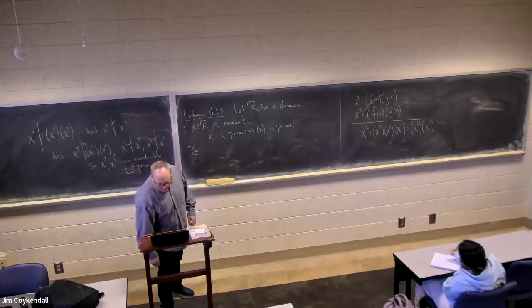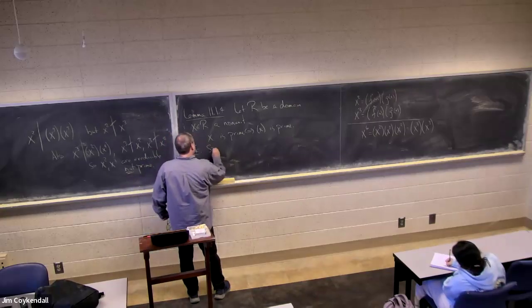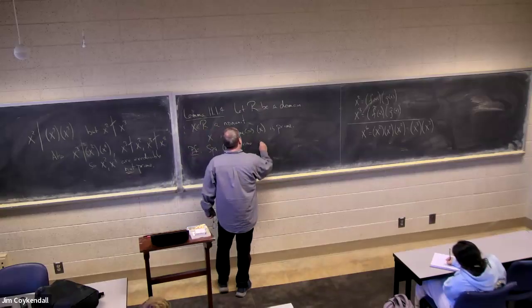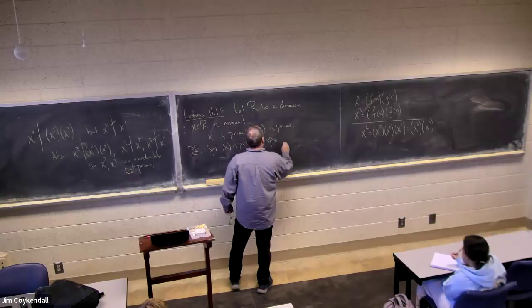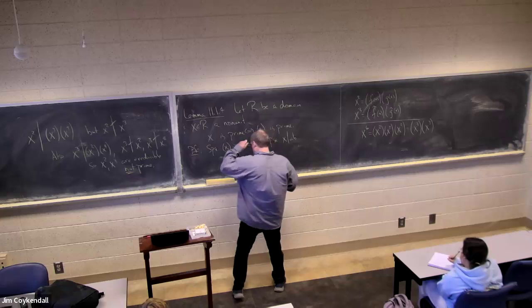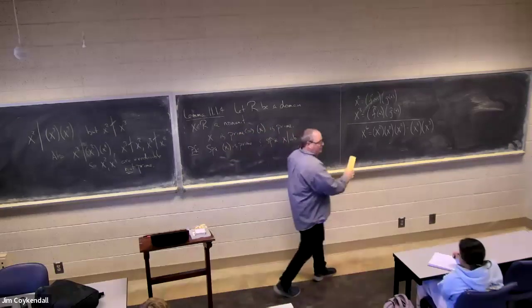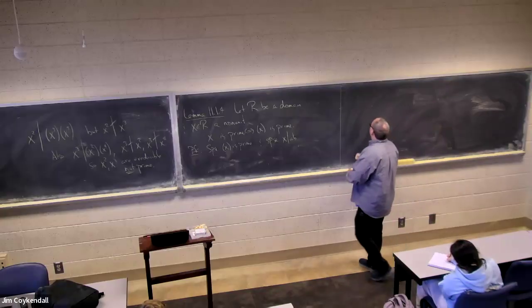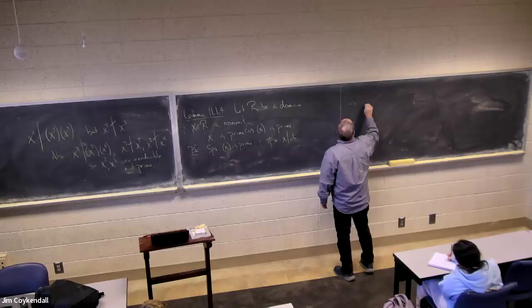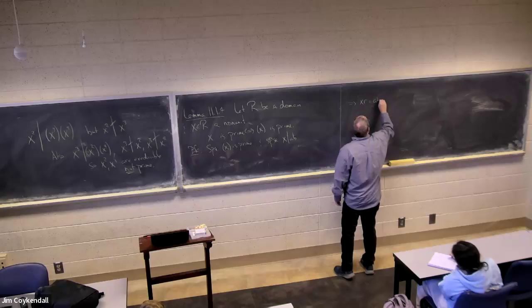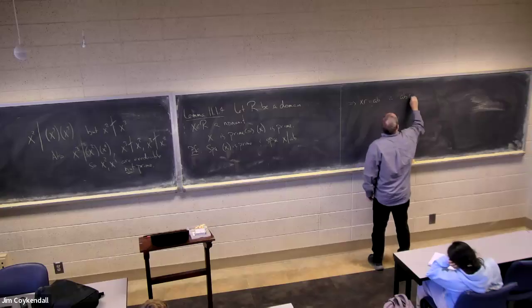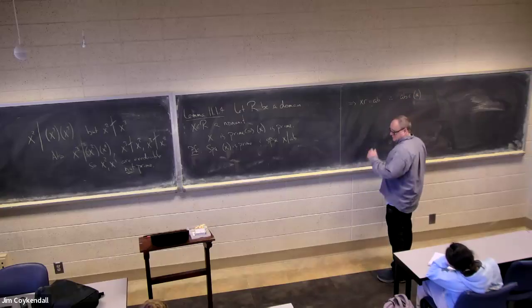Proof. Let's suppose first that the ideal xR is a prime ideal, and suppose that x divides a times b. This implies that ab is in the ideal xR, the ideal generated by x.